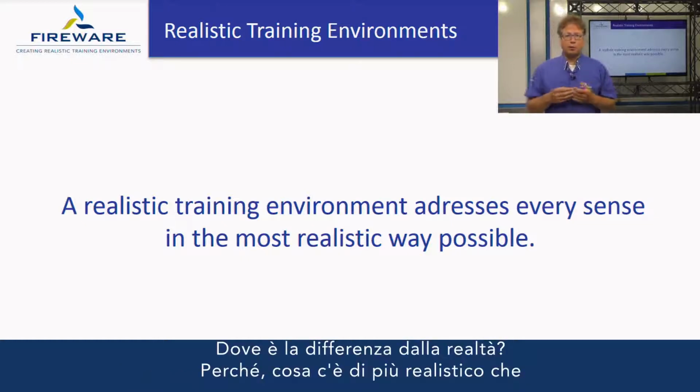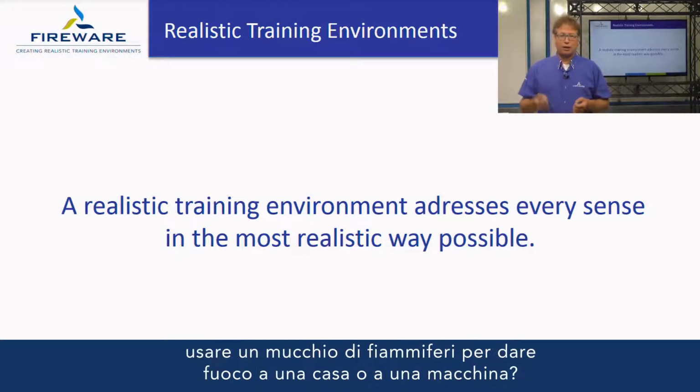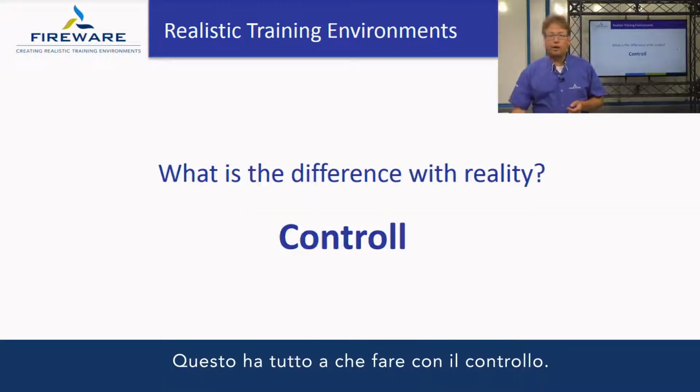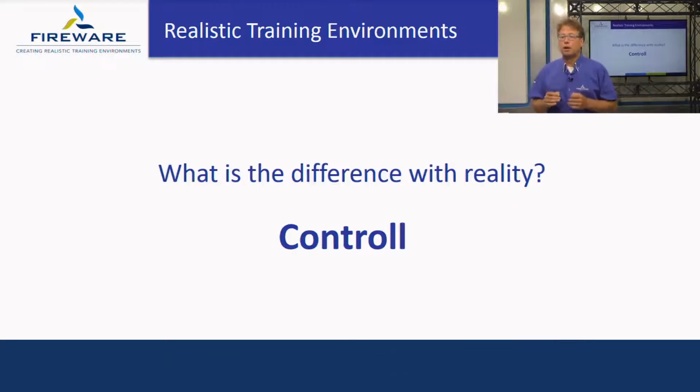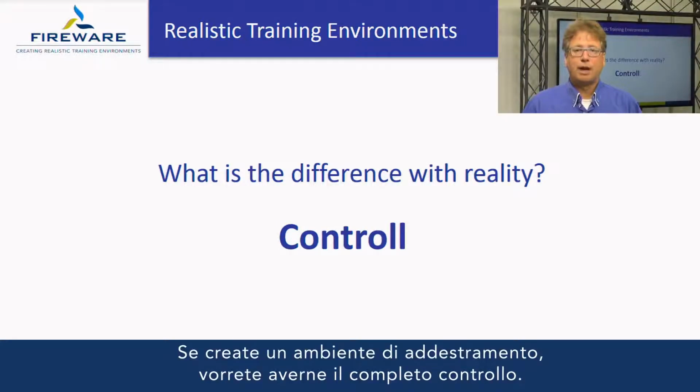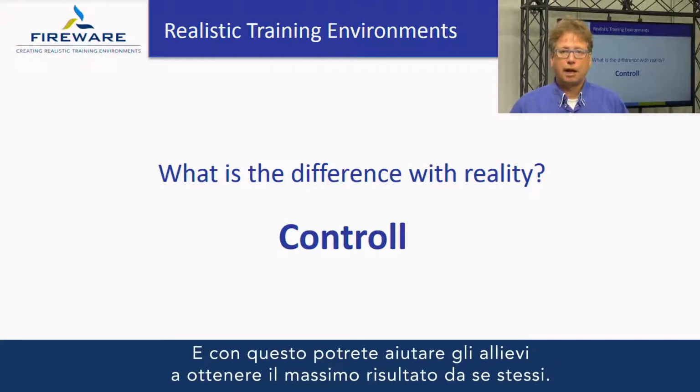Where is the difference with reality? Because what would be more realistic than just using a bunch of matches and lighting a house or putting a car on fire? That has everything to do with control. If you create a realistic training environment, you want to have control over everything. In this way, you can help the students to get the most out of themselves.